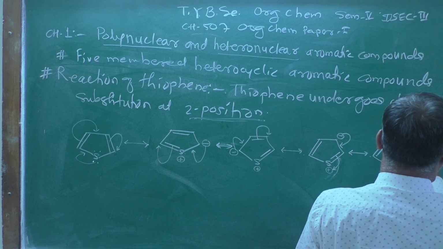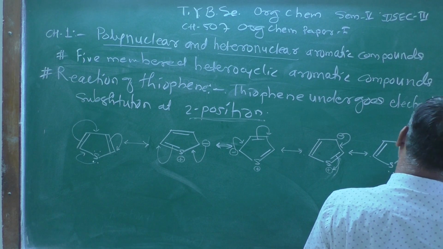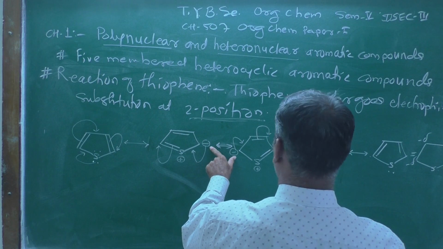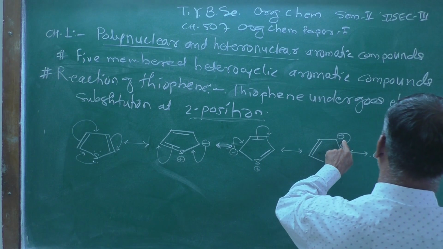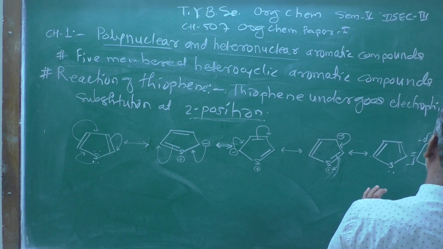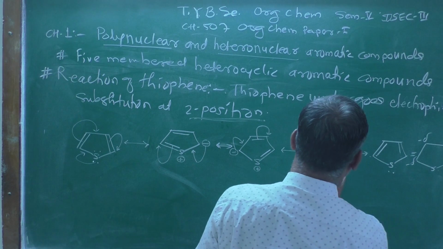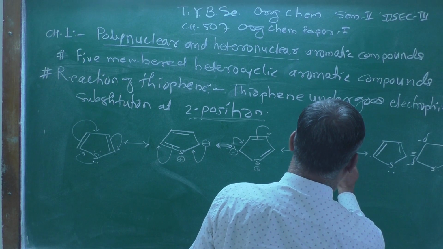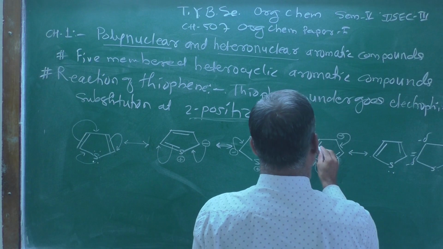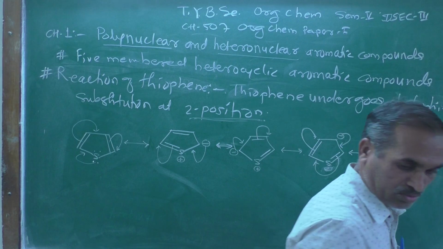Here you can say minus delta charge, here also a minus delta charge. Look at here: at the ortho position there will be a negative charge, as well as at this position. So here we can represent this double bond shifted from here to here, the positive charge still there, and this double bond forming as a negative charge over here.